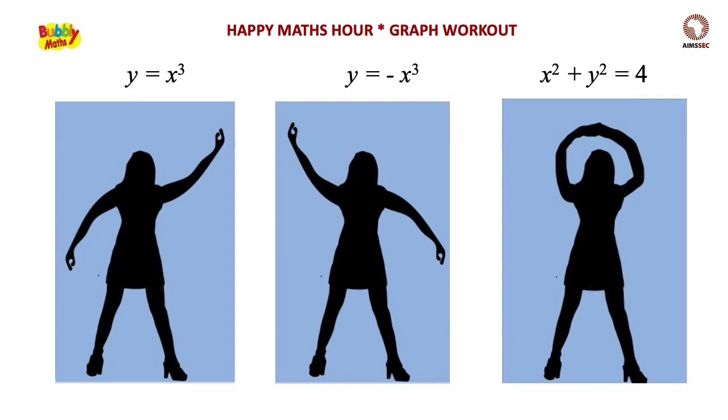And the last one is x squared plus y squared equals 4. And this is a circle. And Caroline, you've got to duck down a bit so the center is at the origin. Now, try and make your arms into a circle. They're a bit angled at the elbows.